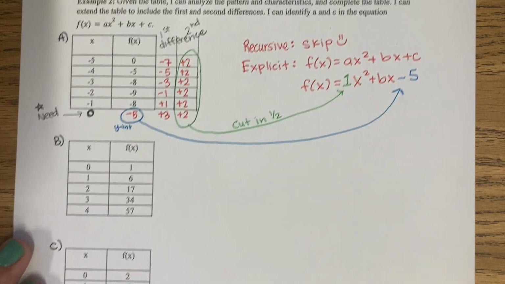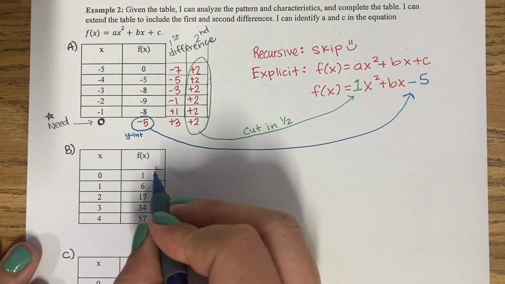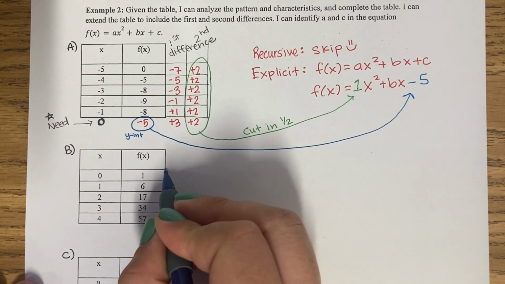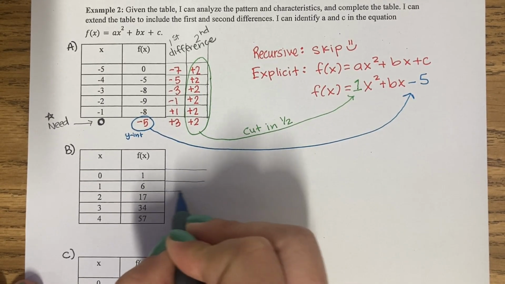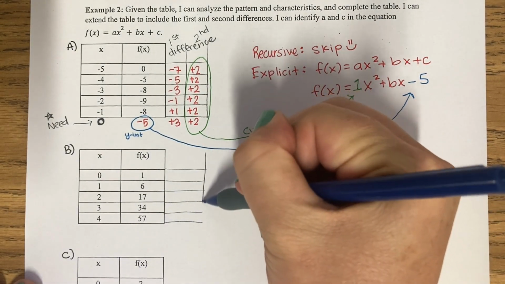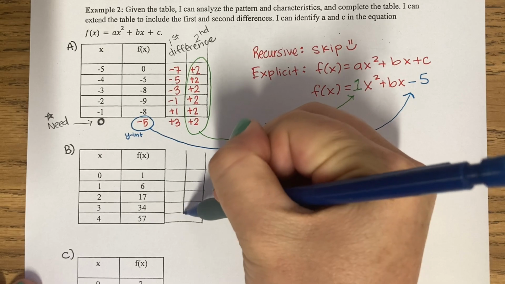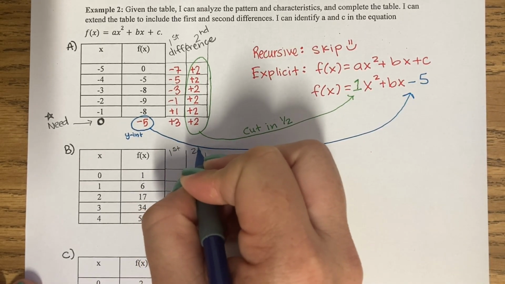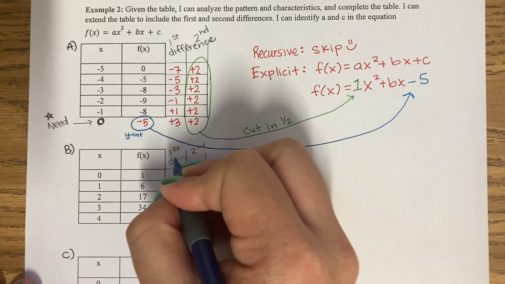Okay, let's try another. 1, 6, 17, that's changing pattern. So I'm going to extend my table out. And we have the first difference, the second.